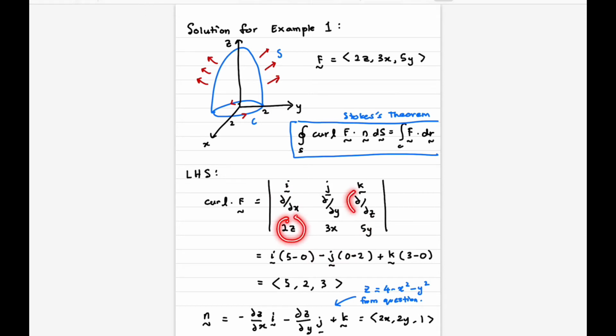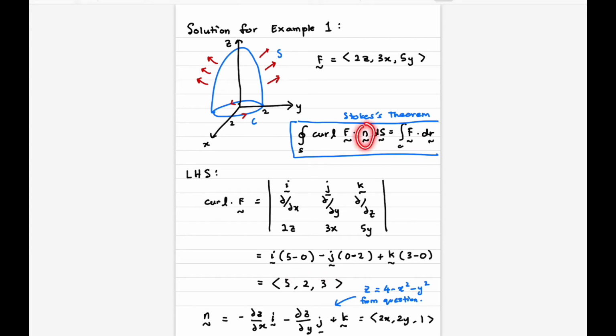Differentiate 2z with respect to z, we get 2. And then the third part for k, differentiate 3x with respect to x, you will get 3, and differentiate 2z with respect to y, you will get 0. Simplify this, you will get 5, 2, 3.